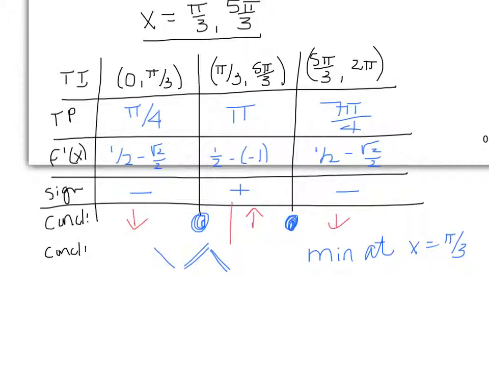So this is where I would have a maximum, and that's going to occur when x is equal to 5 pi over 3. And again, we do not include the 0 or 2 pi because I have parentheses and not brackets.